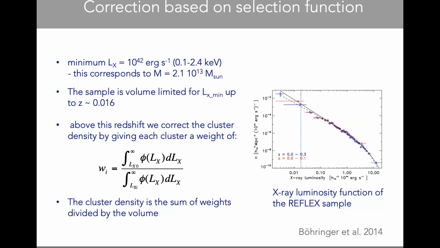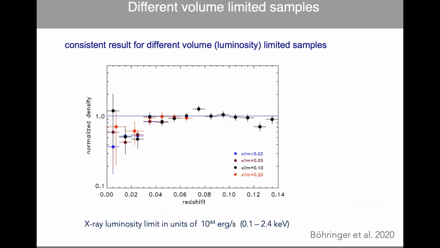That is why we thought a lot about that, and I think what we are doing is not too bad. For exactly this reason, we use different volume limited samples, where the volume limit goes well beyond the redshift where we see the underdensity. For example, for these red ones, this is a 10 times higher luminosity limit, and we recover that.